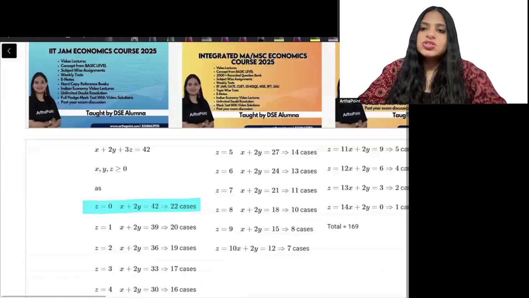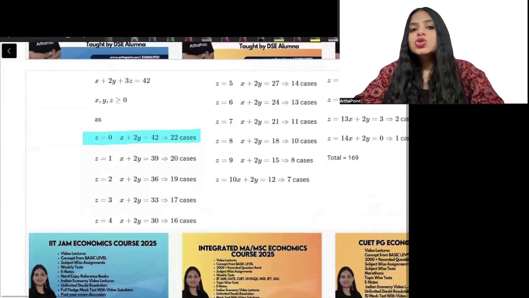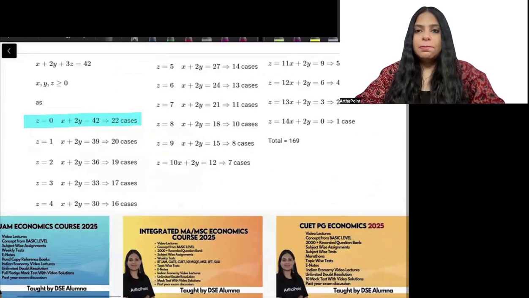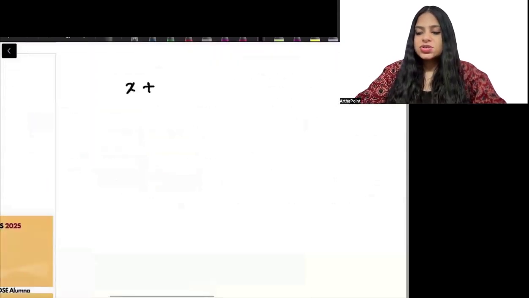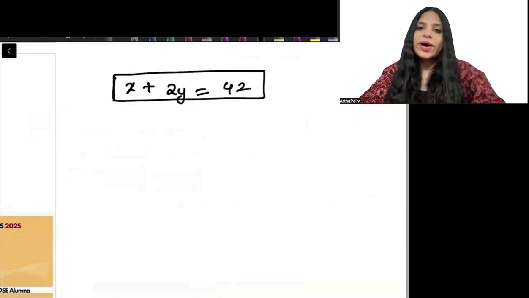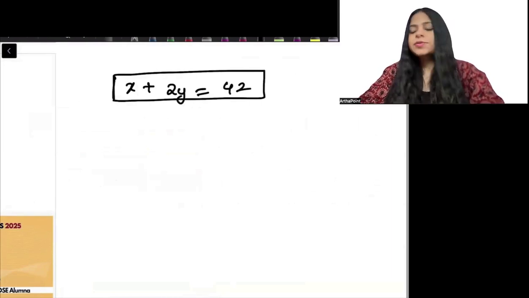My equation is x plus 2y equal to 42, and I need to understand how many cases can be built such that this holds. Am I clear with it?